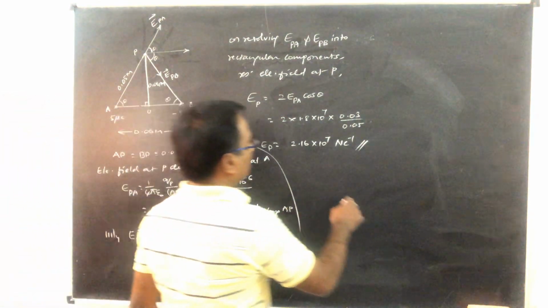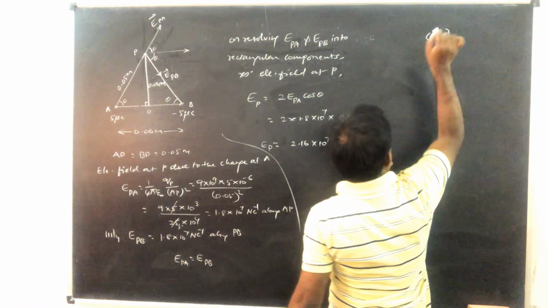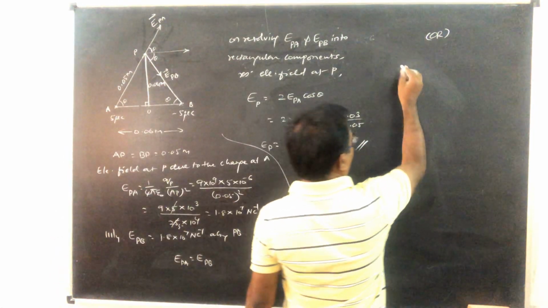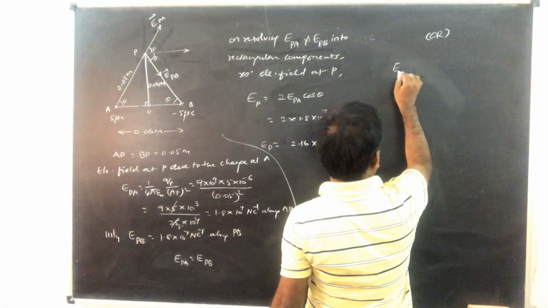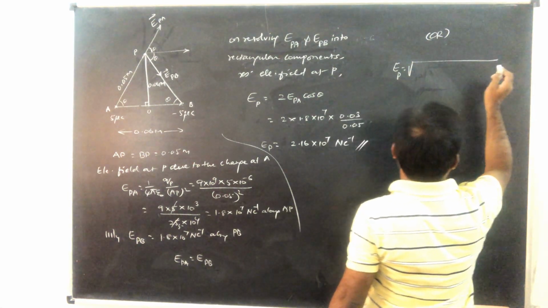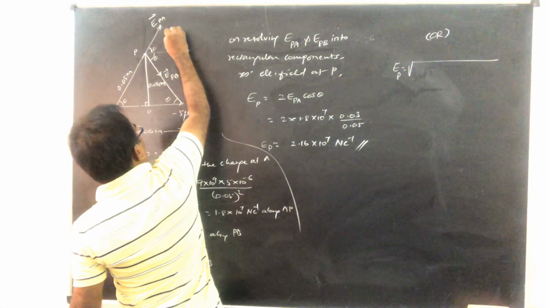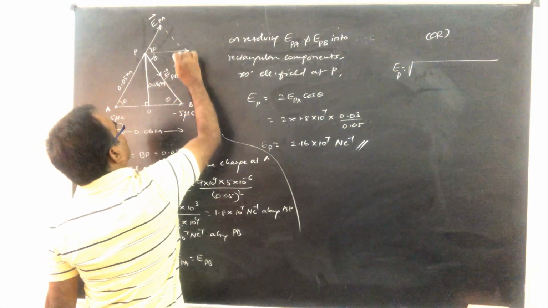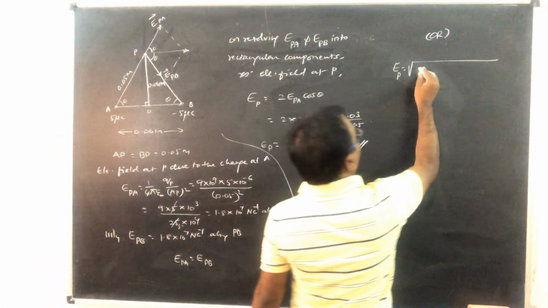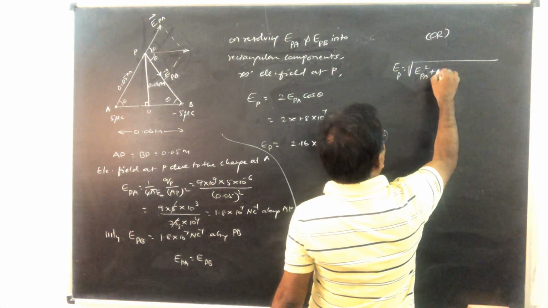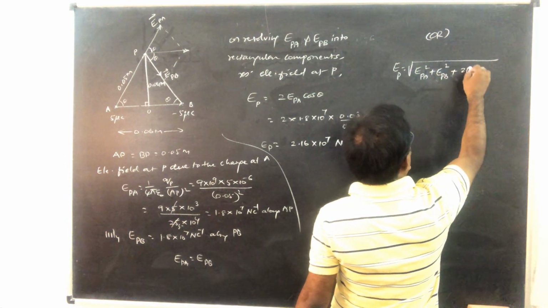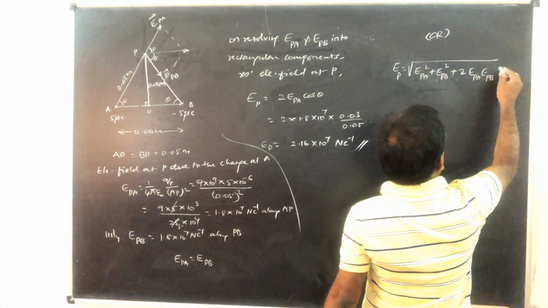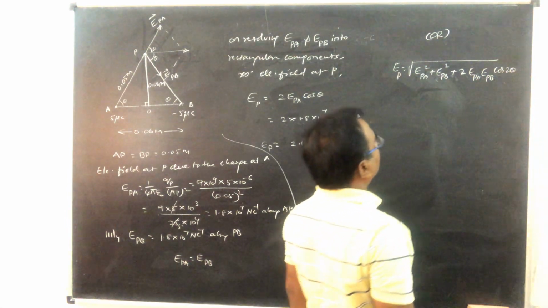So you can do it like this. Instead of following this procedure, straight away you can take EP using the parallelogram law of vector addition: EPA square plus EPB square plus 2 EPA EPB cos 2 theta.